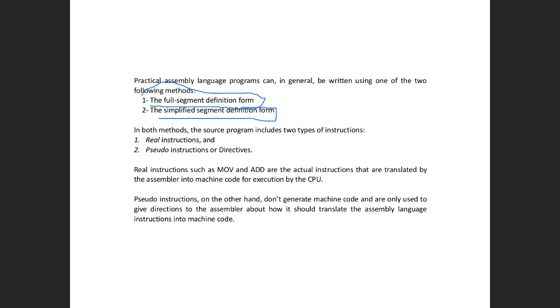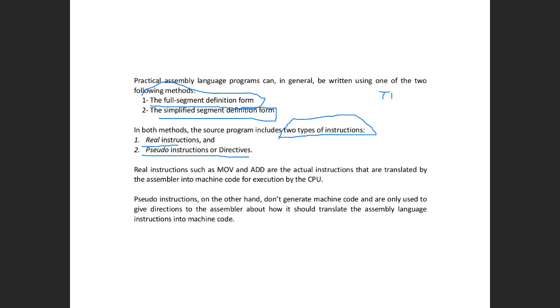And then what is the other information? In our program we have two types of instruction. One is called real instruction and one is called pseudo instruction or directives. So what is real instruction and what is pseudo instruction? For example, if you can remember, in our program, we write TITLE and then we put something.